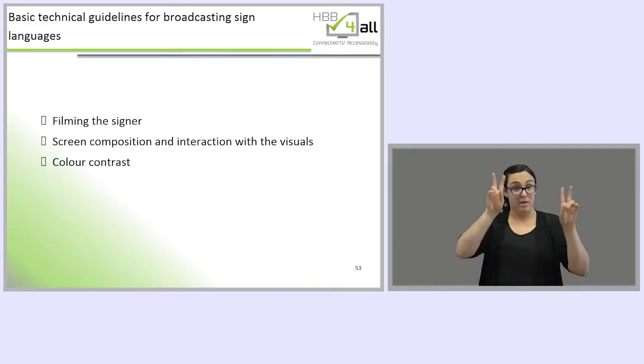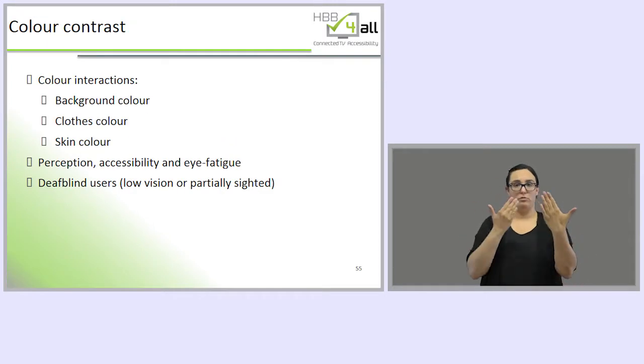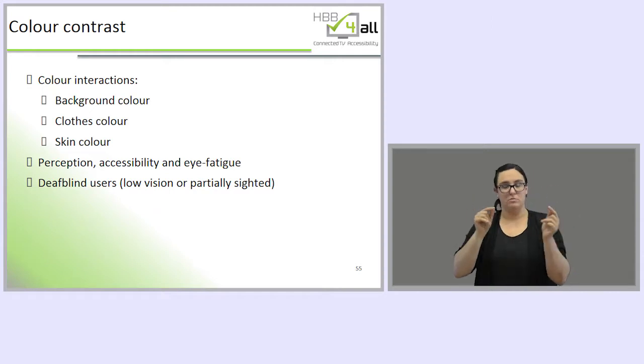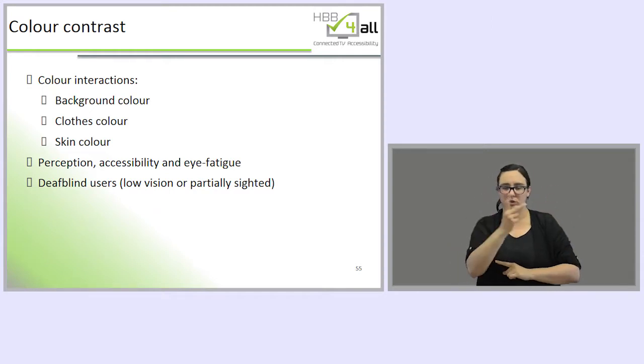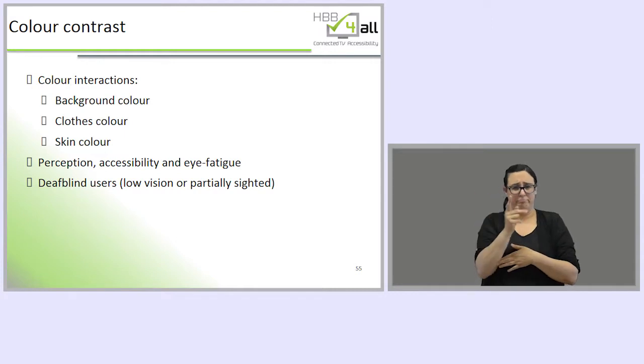Okay, and to finish with this section, we are going to talk about the color contrast. Color contrast, together with the size of the signers on screen, has been mentioned to be of utmost importance to grant accessibility of sign language on screen. When we talk about color interactions, we have to bear in mind three different aspects.